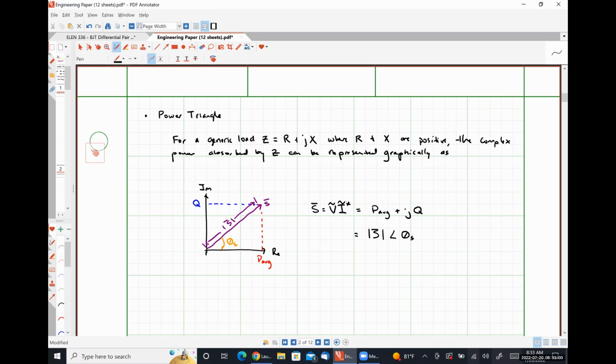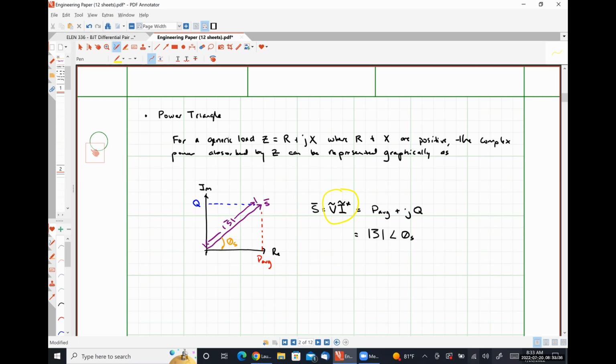So effectively, if you can carry out this mathematical operation and you understand that the real part of the result is the average power, the imaginary part of the result is the reactive power, the magnitude of the result is the apparent power, and the phase angle of the result is the power factor angle, you don't actually have to memorize any of the equations that I developed a few minutes ago.